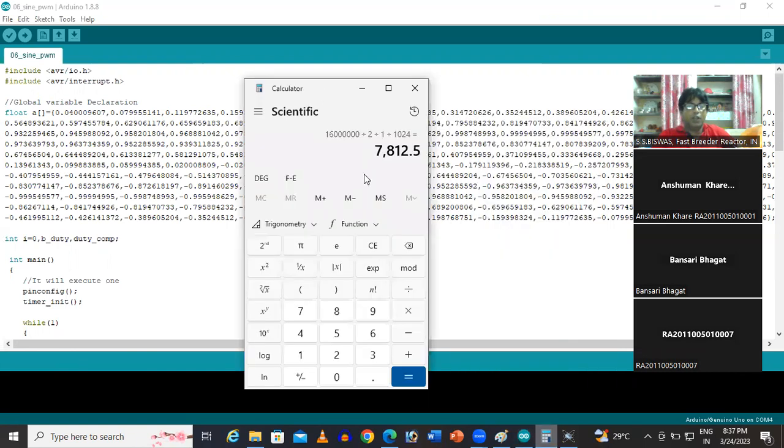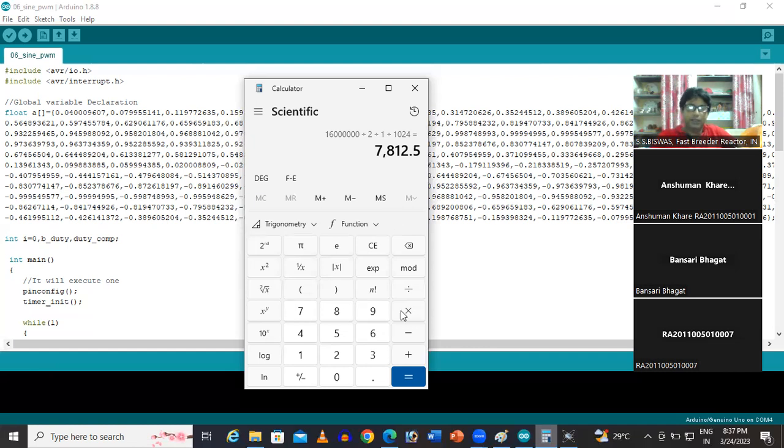Now you see, what is your PWM frequency? This one. Now what is my power frequency, which I want to generate? That is 50 Hertz. So the 50 Hertz can be made with this PWM pulse. Then how many PWM pulses are required so that the 20 millisecond will be covered?